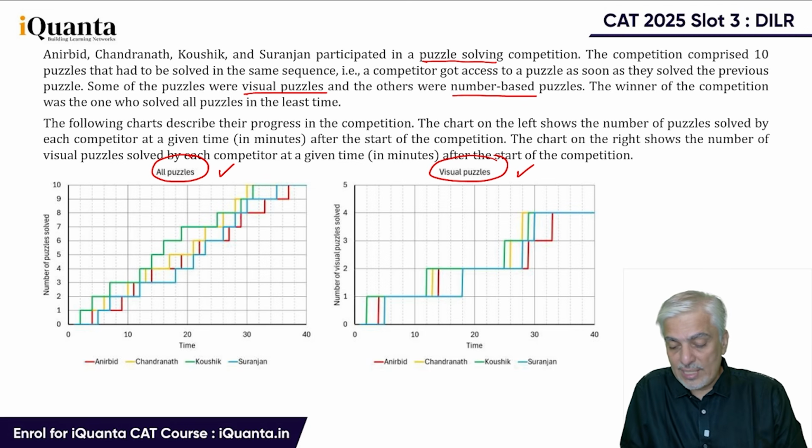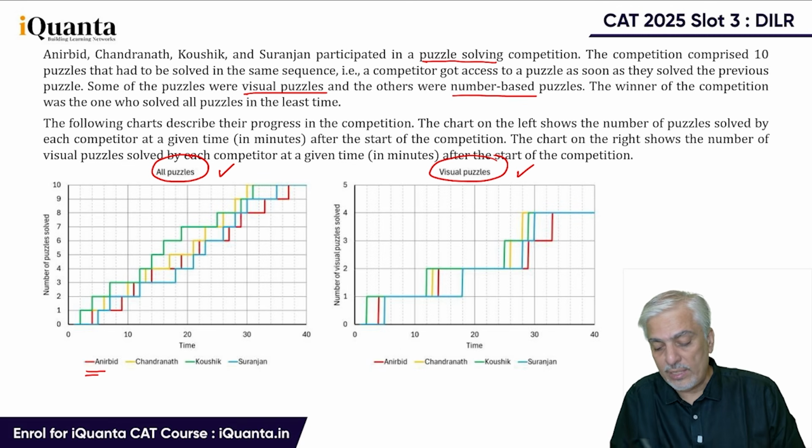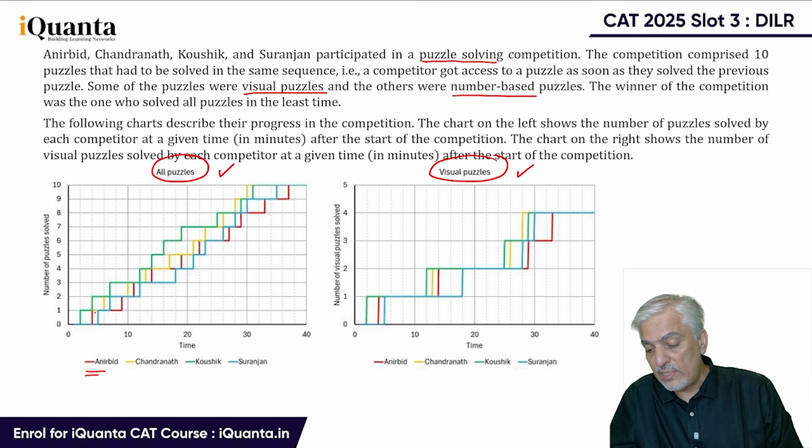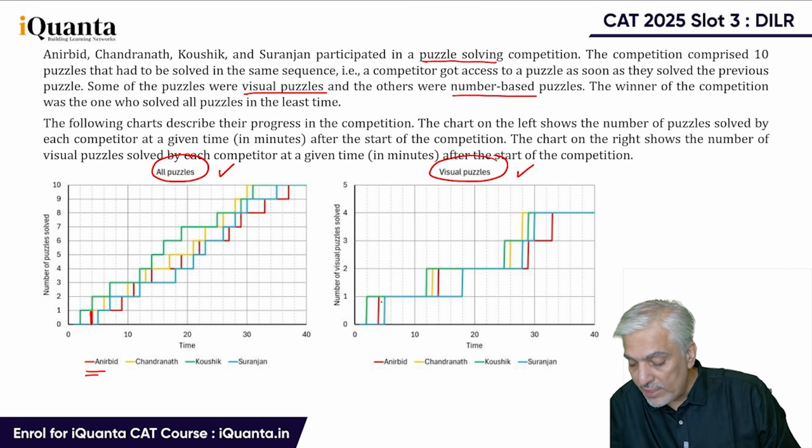So just for example, if I was looking at A, when does A finish the first puzzle? A finishes the first puzzle over here somewhere, so how will I come to know, was it a visual puzzle or was it a number puzzle? Depending on this part. Now see, if this is 2, this is 4. So the first puzzle A is finishing in 4 minutes. While over here also, I think that is 4 minutes.